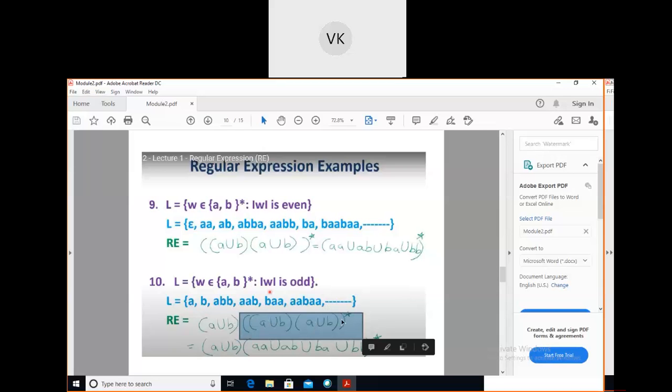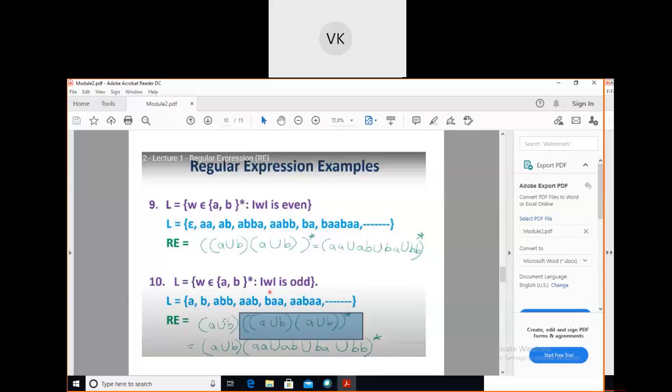This will be always 1 with any possible combinations of A and B. Along with this, I have concatenated A or B, so that this is always E1. From this one, I will have one letter. It may be A or B.